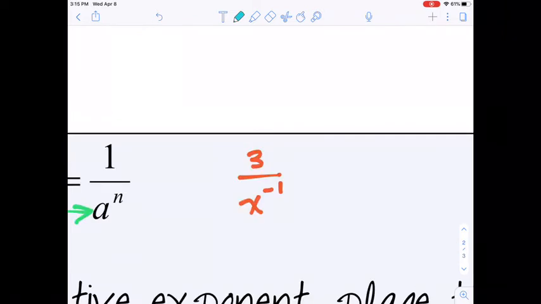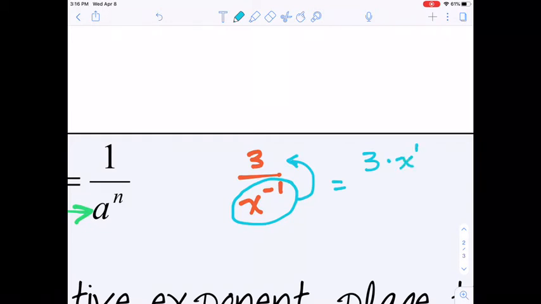If I have 3 over x to the negative 1, I have a negative exponent, so I'm going to take that term to the other side of the fraction. It's going to go up top. And when I move it, it's going to become a positive 1. So I get 3 times x to the first power.